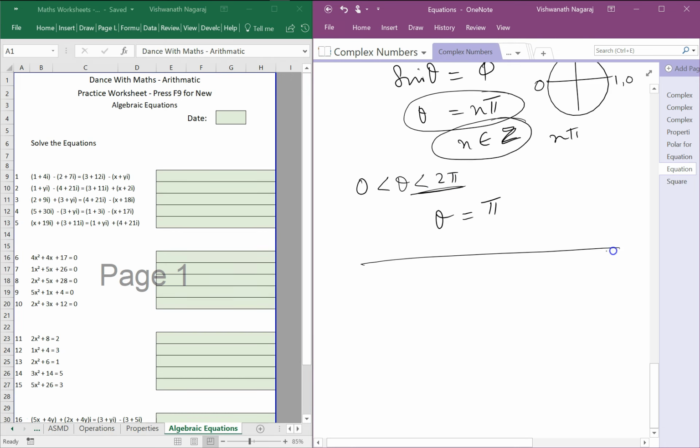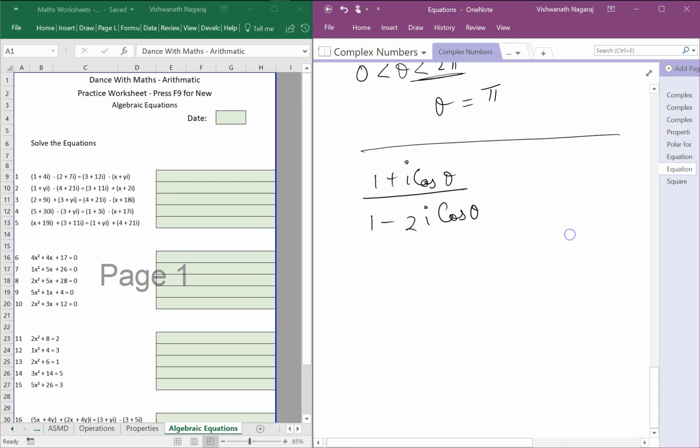Okay, let's do one more problem. (1 plus i cosθ) divided by (1 minus 2i cosθ). Again, we have to find the value of θ for which it is a purely real number.